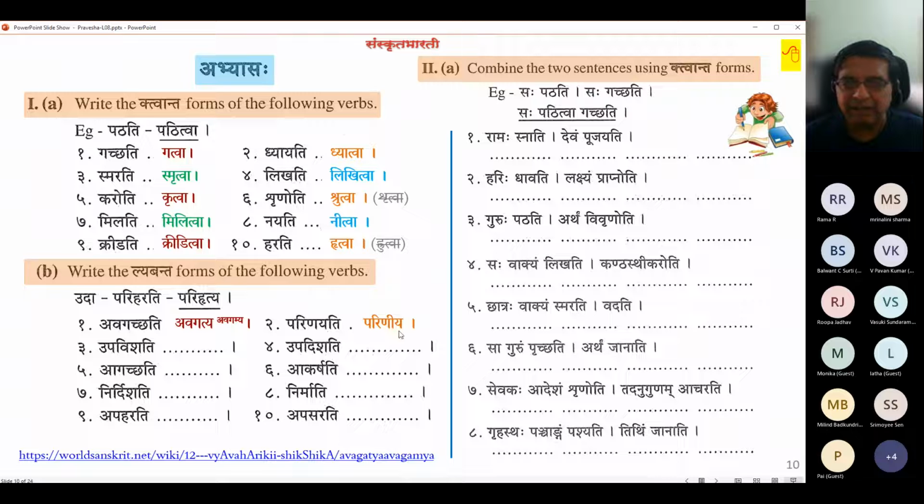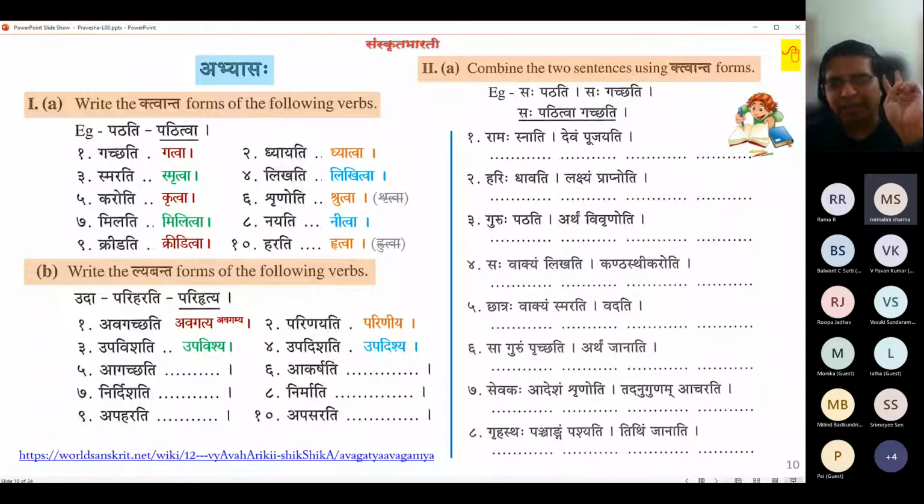Pariniya, having wedded, like that. Upavishati, upavishya. Very good. Upadishati, upadishya. Some of the easier ones are coming now. Agachati, agatya. Two forms: agamya, agatya. Both are correct.